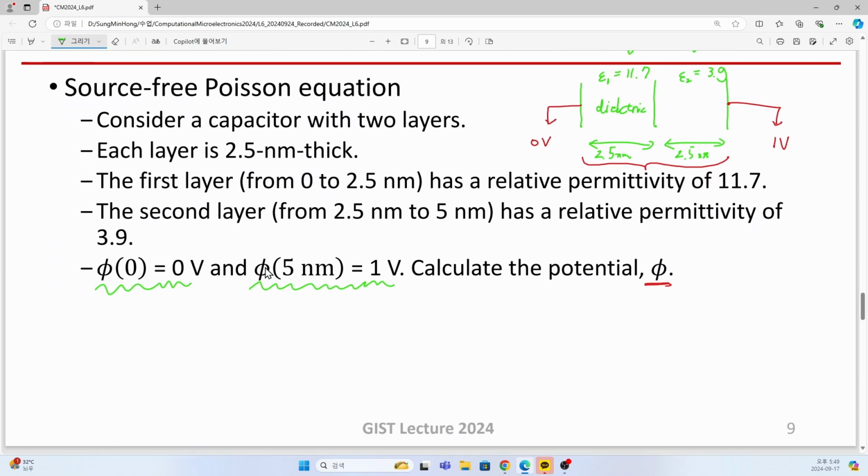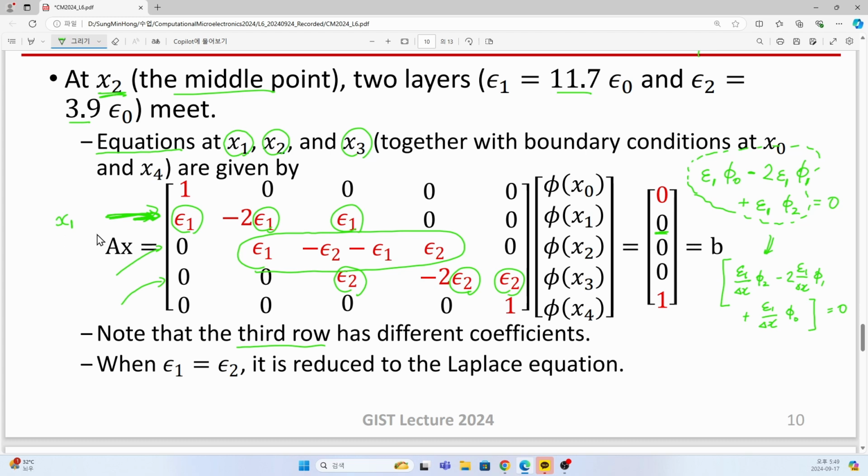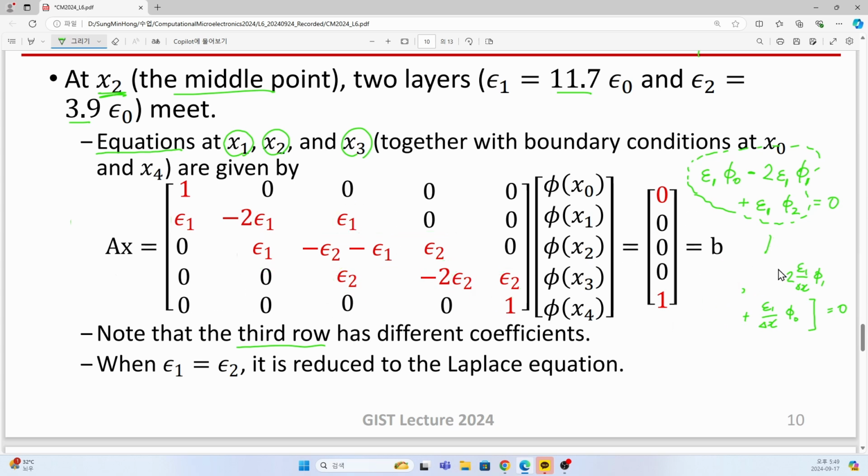Okay, so now let's go to this form. Now you understand, although at first glance it sounds a little bit strange, this matrix vector multiplication form is just to describe the collected version of 5 equations. So please, here we have a form like Ax equal to b.